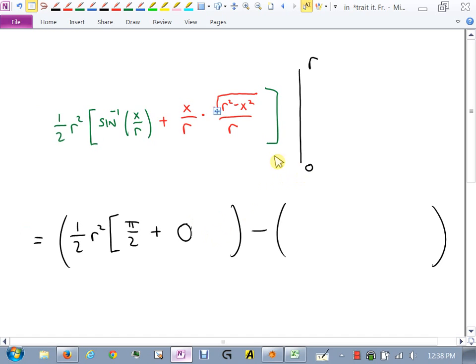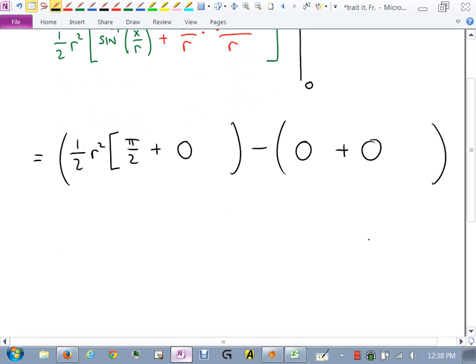Now plug 0 into this. 0 over r is 0. What's arc sine of 0? Where on the unit circle is your y-coordinate 0? At 0, so that's 0. And then plug 0 in right here. It's 0, so that's plus 0.